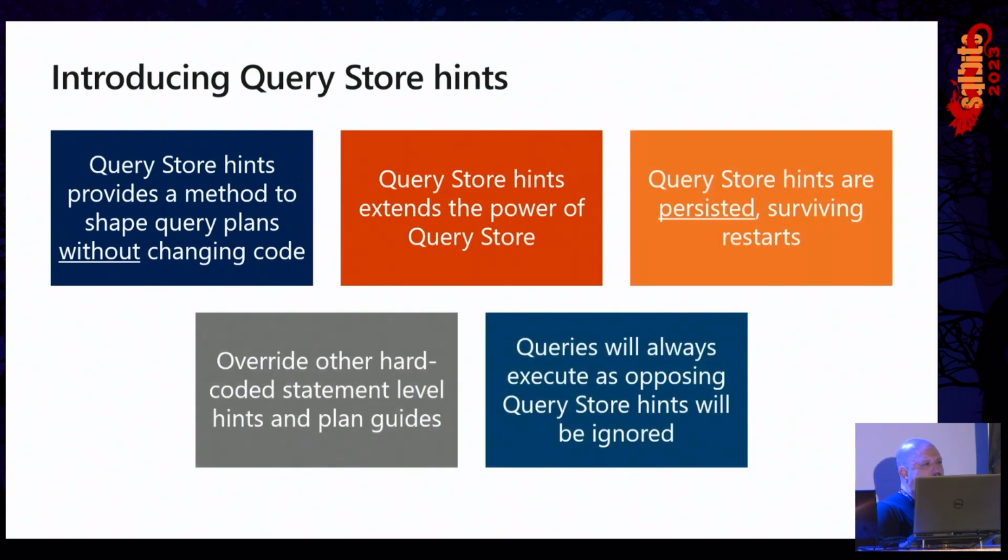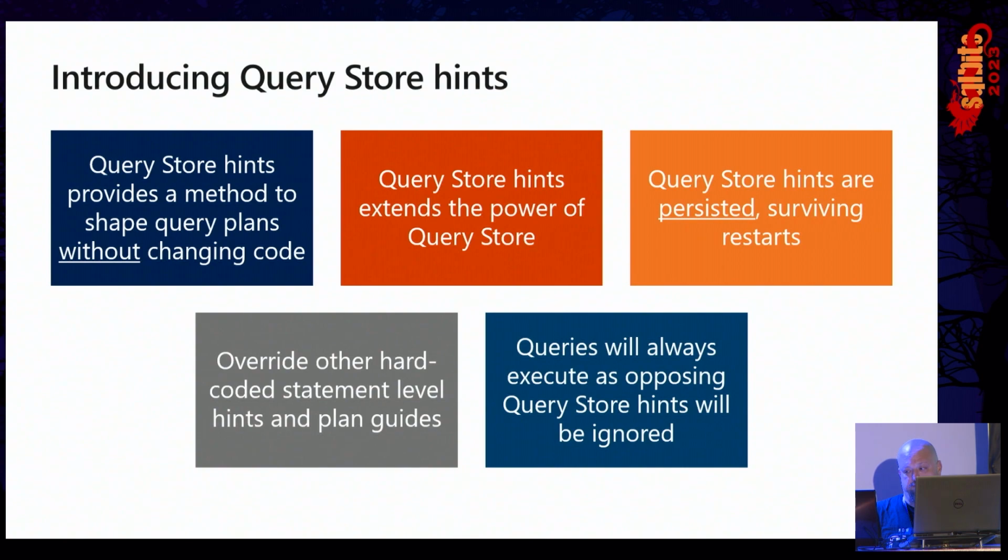Now, query store hints essentially makes what was attempted to be done via plan guides a lot better, a lot more scalable, and just frankly way easier to use. Okay, so it's a direct method for developers and DBAs to shape query plans without changing code. That's what query store hints lets you do.